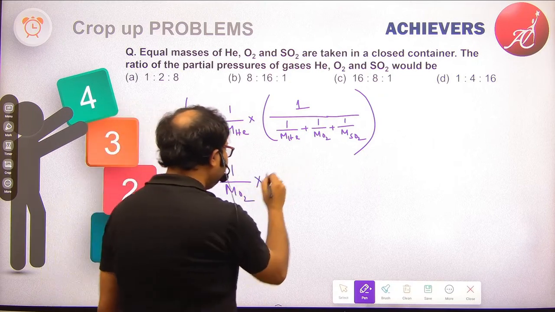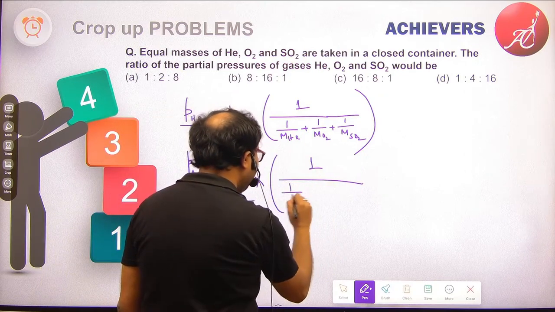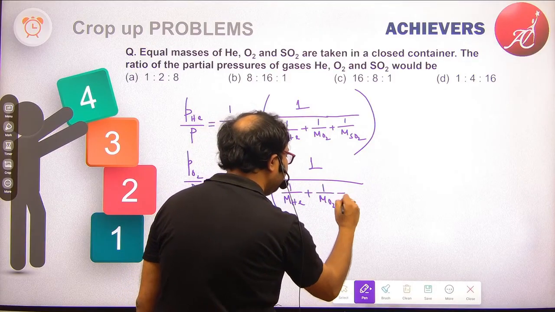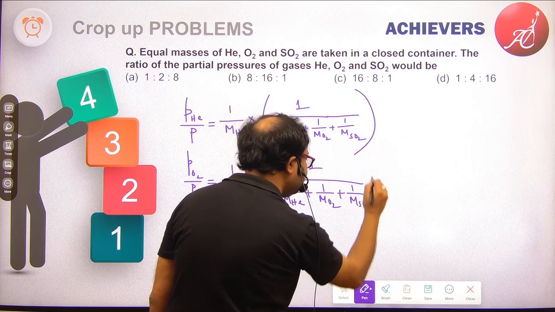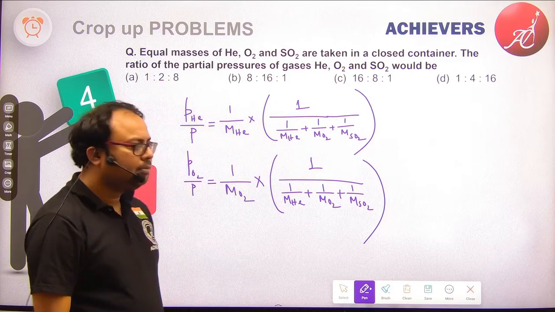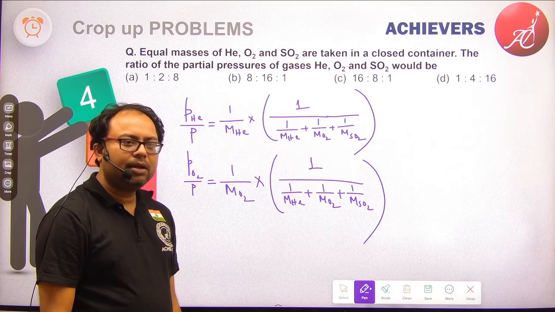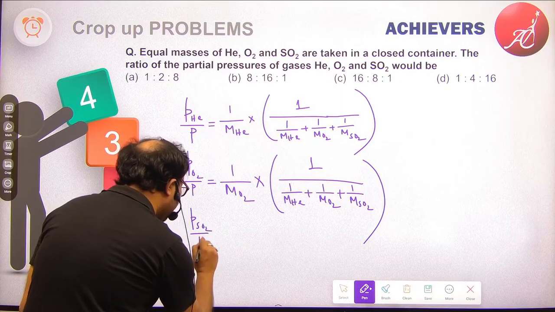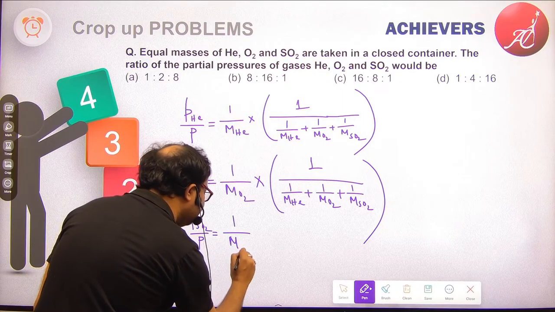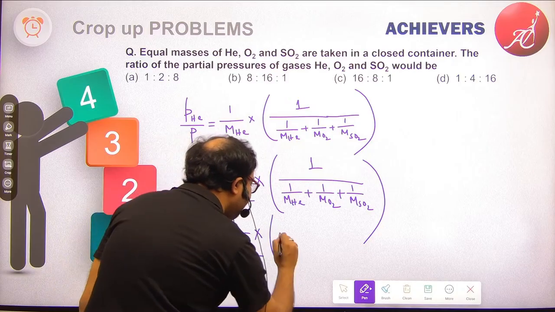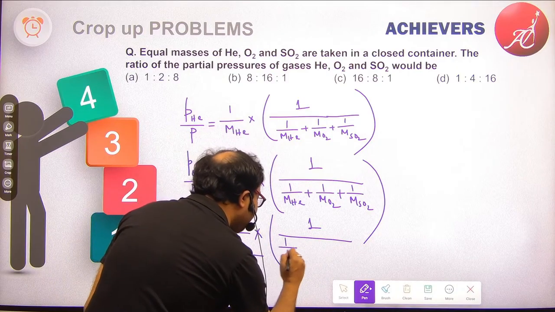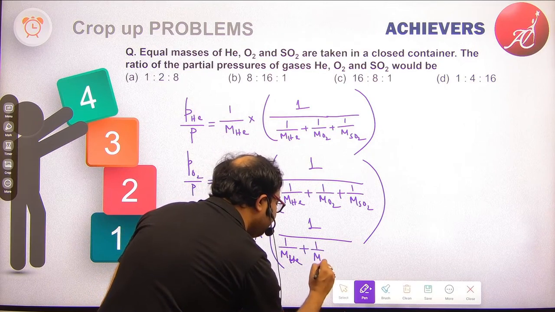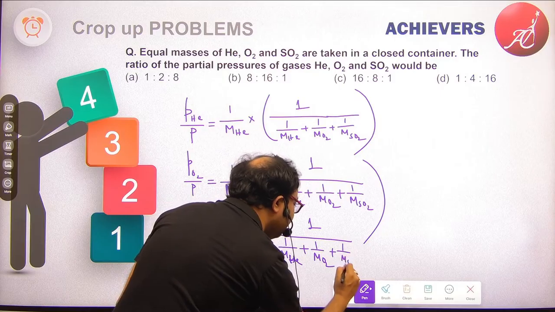This thing will remain the same: 1 by the sum of 1 by molar mass of helium plus 1 by molar mass of oxygen plus 1 by molar mass of sulfur dioxide. And PSO2 by P should be equal to 1 by molar mass of sulfur dioxide multiplied by the same factor.